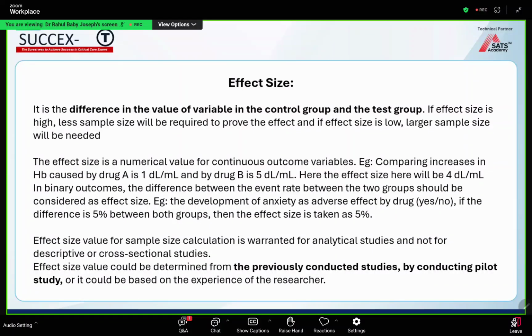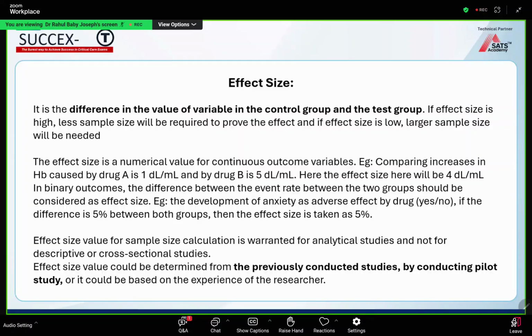So effect size is the difference in the value of variable in the control group and the test group. If the effect size is high, meaning if some variable is studied and the difference with that variable between the control and the test group is very large, you can use a small sample size to prove your effect.